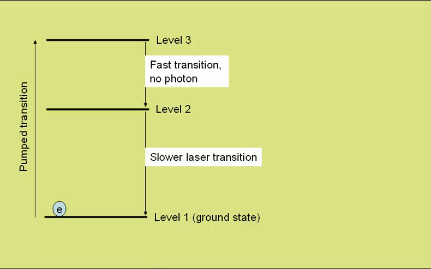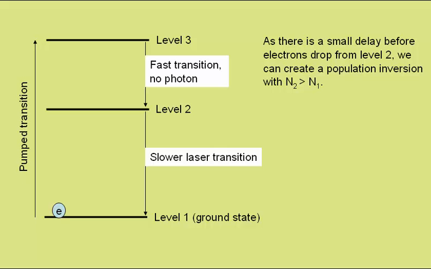Something like this. So after pumping, the electron is raised to level 3, quickly drops to level 2, then a delay down to the ground state. Once more. Pump to level 3, straight down to level 2, and a delay before dropping to level 1. As there is a small delay before electrons drop from level 2, we can create a population inversion, with the number of electrons in level 2 being greater than the number of electrons in level 1.